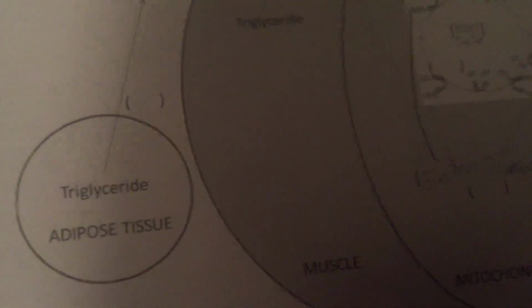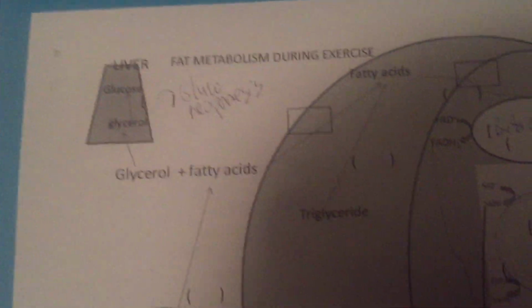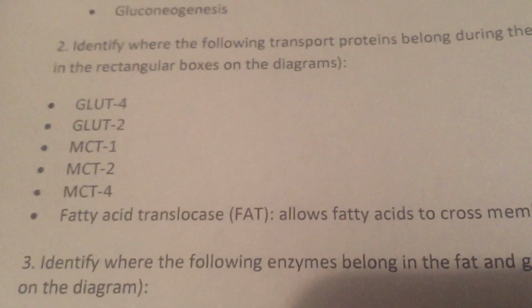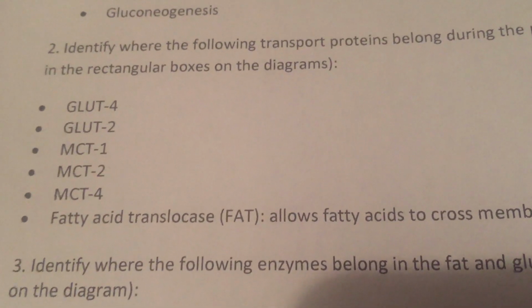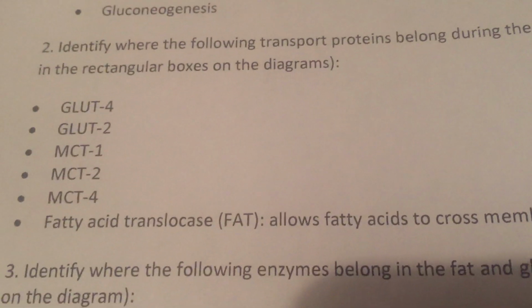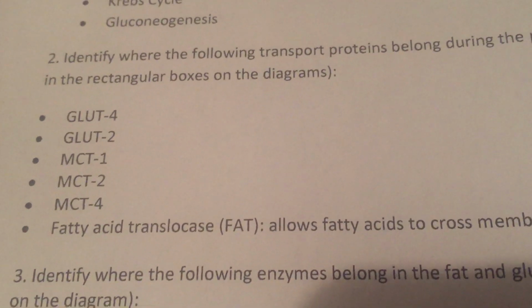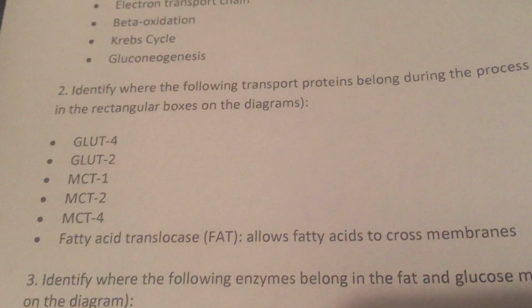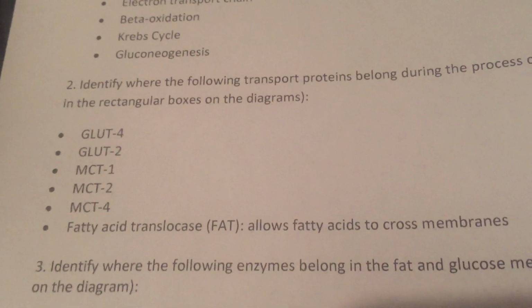Okay, let's fill in some of these transport proteins. So there's one here called fatty acid translocase. You can pretty much guess that has to do with fatty acid metabolism. The rest of the transport proteins above that you filled out with the carbohydrate picture. So fatty acid translocase allows fatty acids to get across membranes.